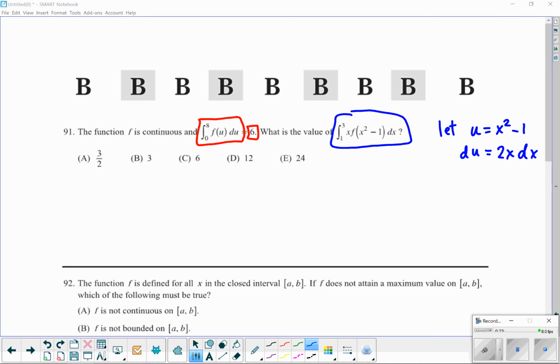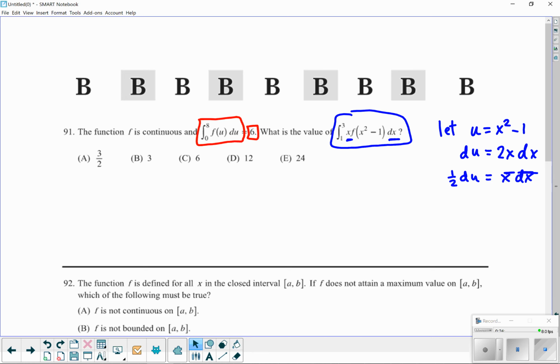Now we're going to change everything from variable x to variable u, right? And if you notice, we do have an x dx right here. So if we rewrite this, and we got to get rid of that 2, we can say 1/2 du is equal to x dx.